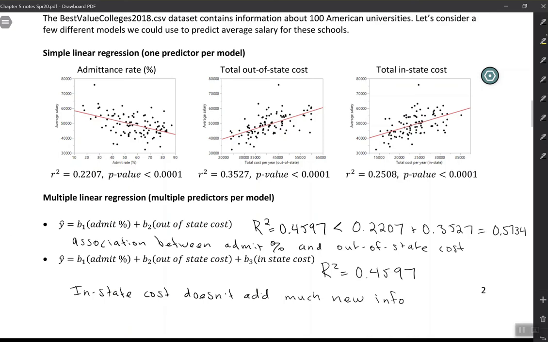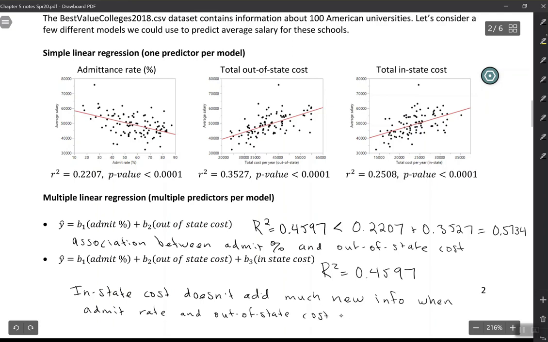There must be some redundancy there. And if we think about it logically, it's probably between in-state cost and out-of-state cost, right? So in-state cost doesn't add much information when these variables, admittance rate and out-of-state cost, are already in the model.